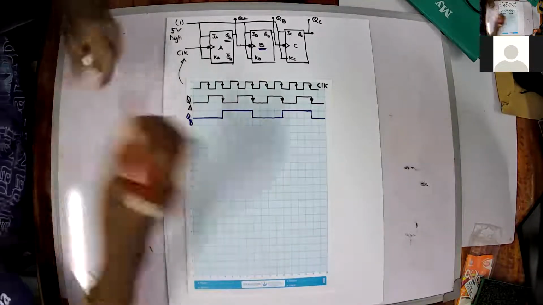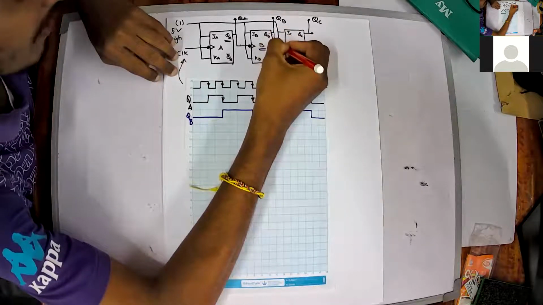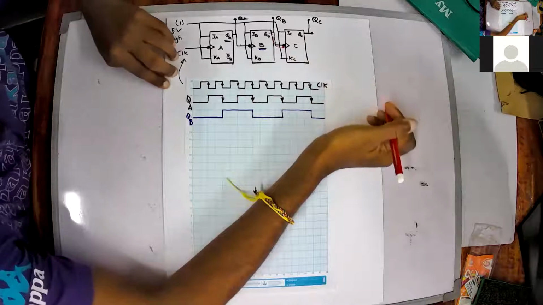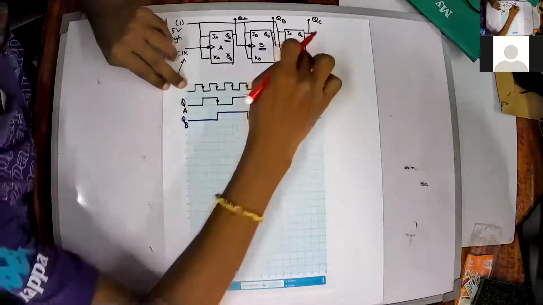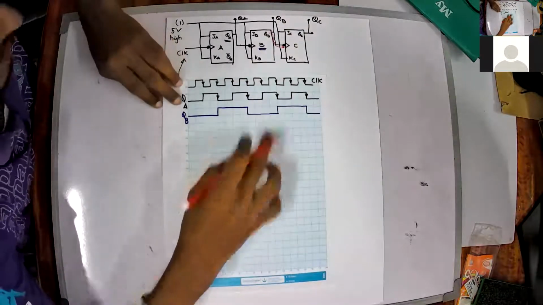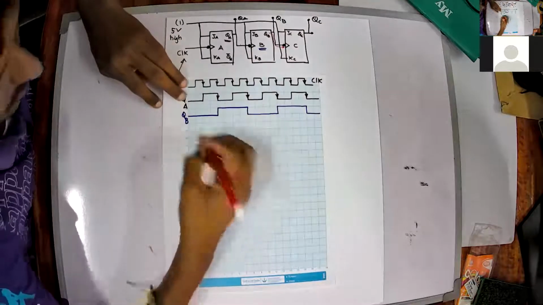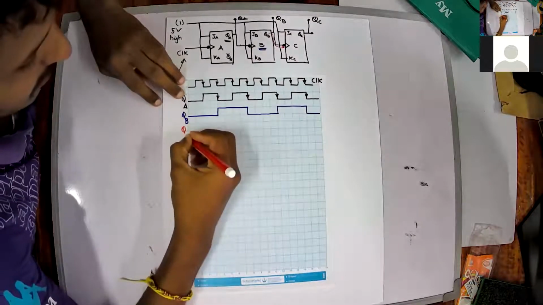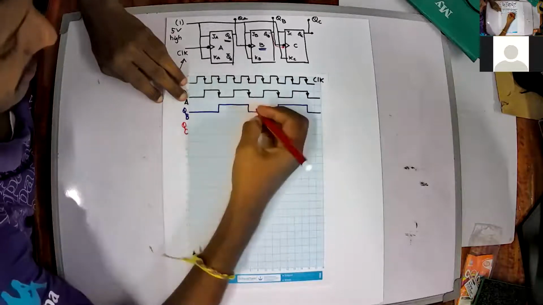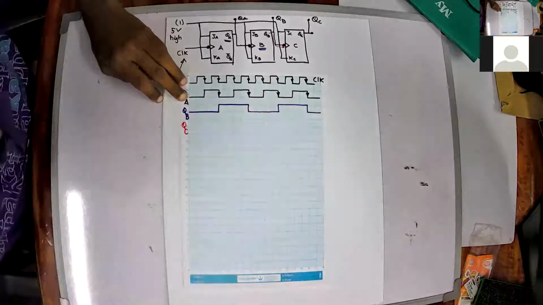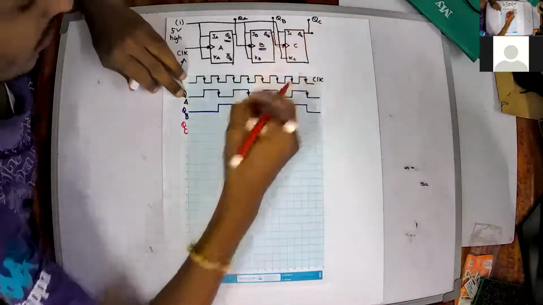Now I am giving QB to flip-flop C, which means this is the clock pulse to flip-flop C. There also I am making JC and KC equal to 1. Let this be my QC, and I'll mark the negative edges in QB, which is the clock signal for QC.